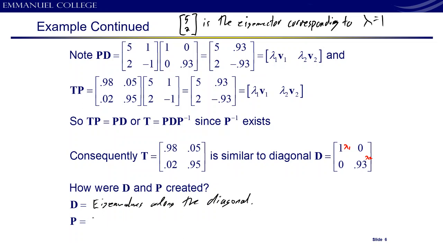And then P comes from eigenvectors in the same column as their corresponding eigenvalue.